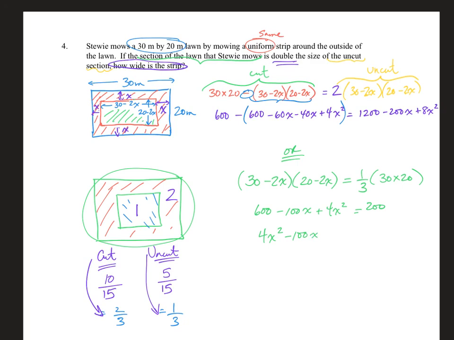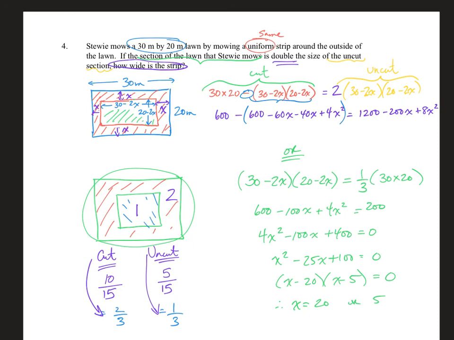And maybe more importantly, I miss out on those risky mistake spots. I've avoided that. I could then go through and divide everything by a 4. And I love seeing that because that's going to factor pretty quickly. 2 numbers that multiply to give 100 and add to give negative 25. And therefore, we get down to a solution of 20 or 5.